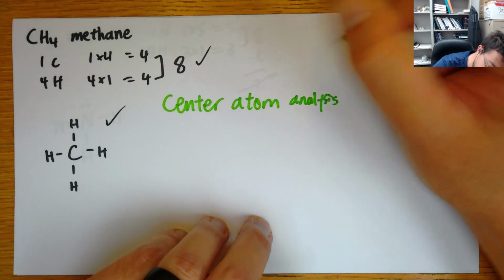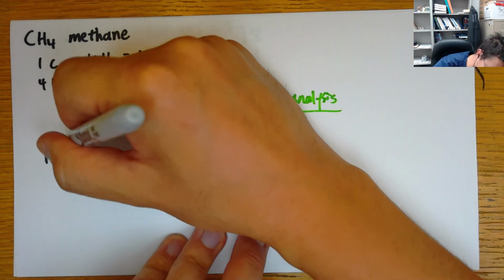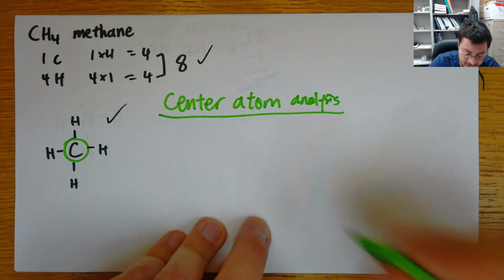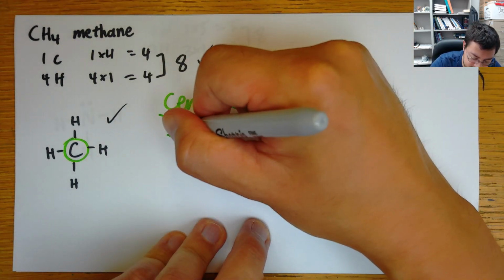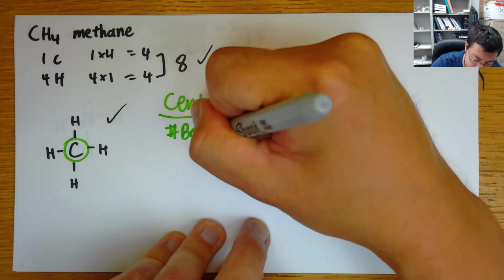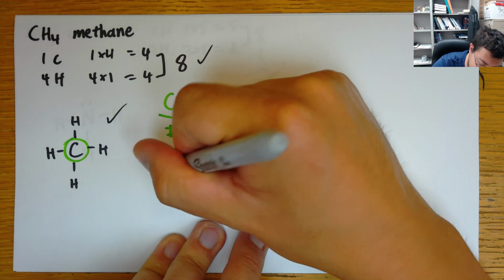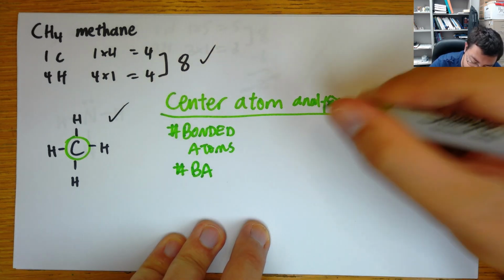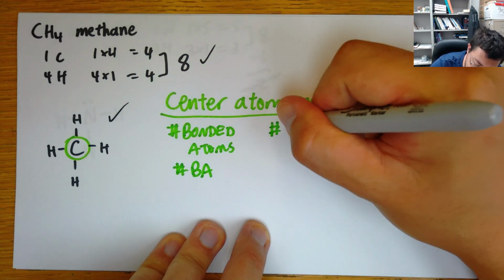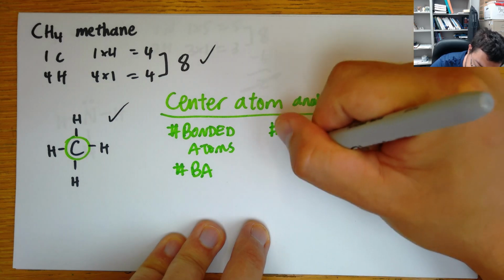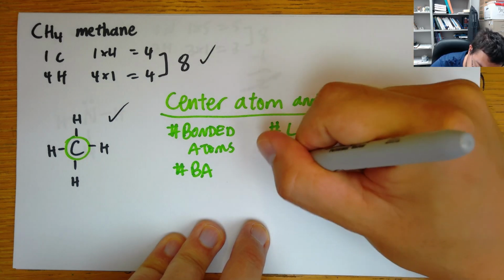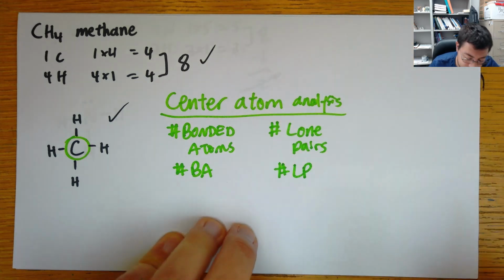All right, and so looking at a center, I want us to count the number of bonded atoms. We can just write number BA for short. And then the number of lone pairs, number of LP for short.